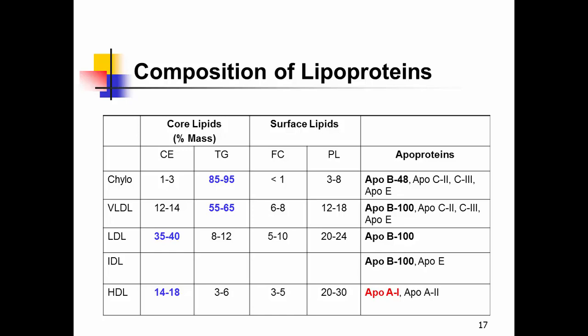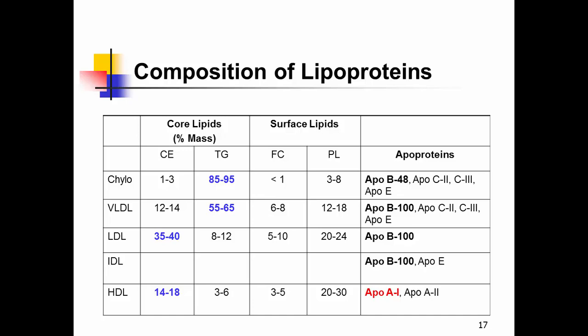And LDL and HDL are the cholesterol-rich lipoproteins. That means in the core, they have a higher percentage of cholesterol. And in the apoproteins, different lipoproteins have a different type of apoprotein on their surface.